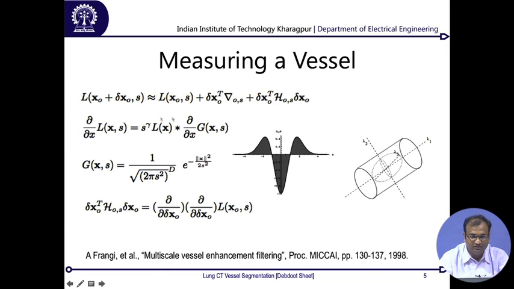This is what this first factor looks like, such that this G is a Gaussian kernel. Now solving all of these together, what you would end up getting is that this Hessian which you see over here has this sort of an expansion form.